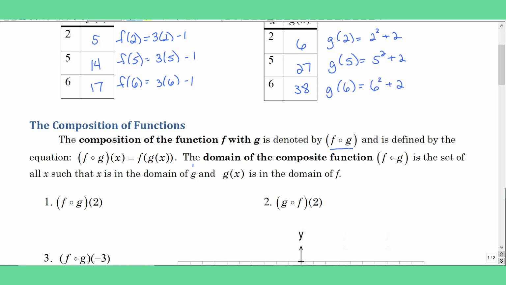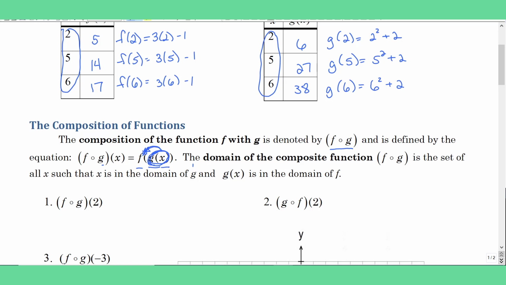Now, some students have called this "f o g," but it really should be said as "f of g," and is defined by the equation, this symbol of x, and it really means to find or evaluate f of g of x, meaning this g of x is the input. Just like these values were the input for f, these values were the input for g, now g of x is the input for the function of f.